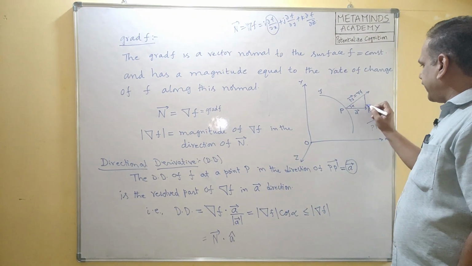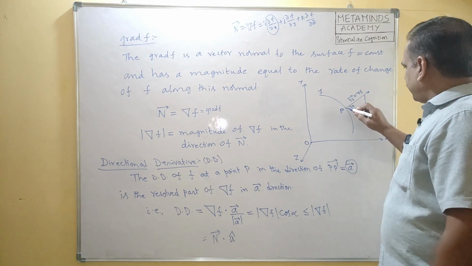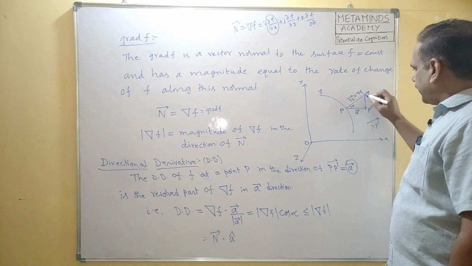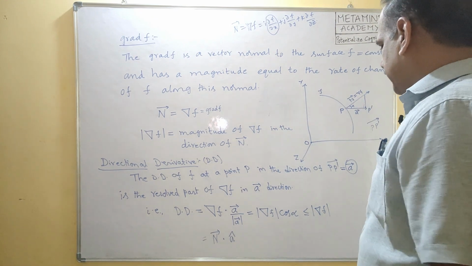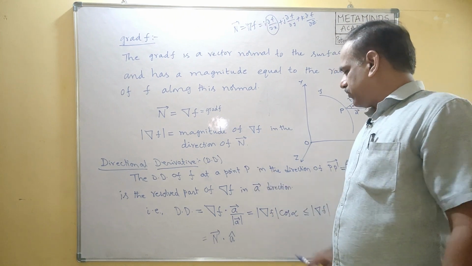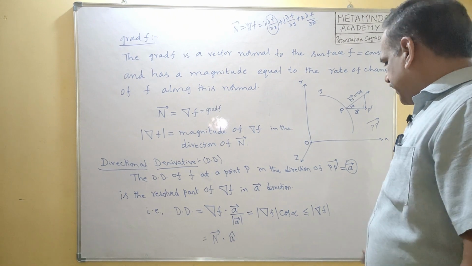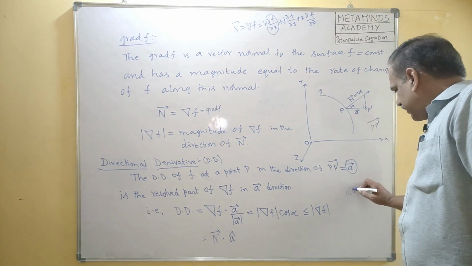This is a right angle triangle, with hypotenuse mod del f, so mod del f into cos alpha gives the directional derivative of f in the direction of a given vector.